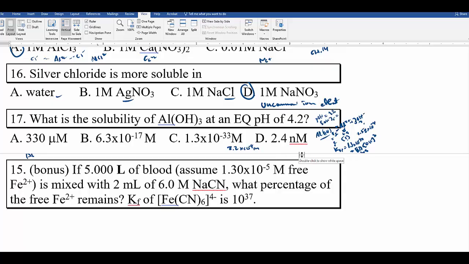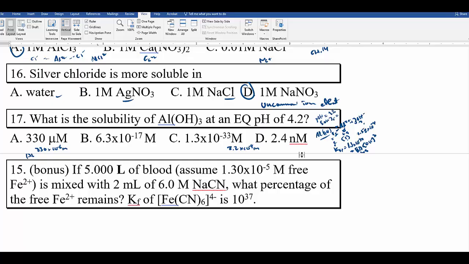3.2 times 10 to the minus 4. Do I see that? This is 330 micromolar. 330 micromolar would be 330 times 10 to the minus 6 molar here.